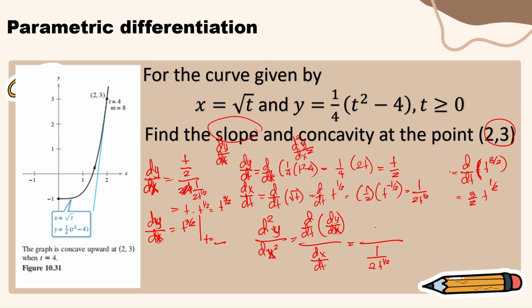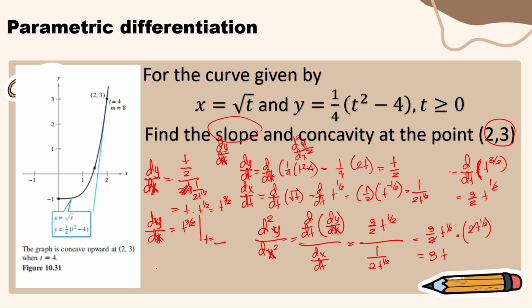So, plug in natin siya dito. 3 halves times t raised to 1 half. So, this will become 3 over 2 t raised to 1 half times 2 t raised to 1 half. Cancel si 2 here. That will become 3t. Add si 1 half. That will give us simply 1.